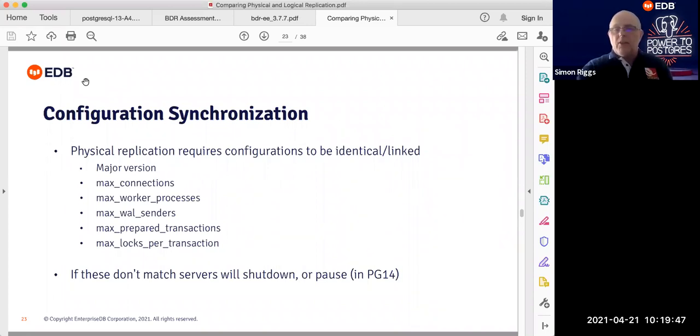Physical replication does require that the configurations between the servers are quite tightly coupled, in the sense that some things need to be identical, such as the major version, and then there are other parameters that need to be set to at least the same level or higher on the standby nodes. That is specifically max connections, max worker processes, max WAL senders, max prepared transactions and max locks per transaction.